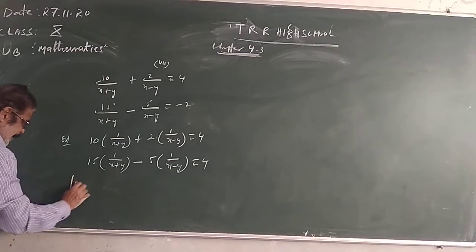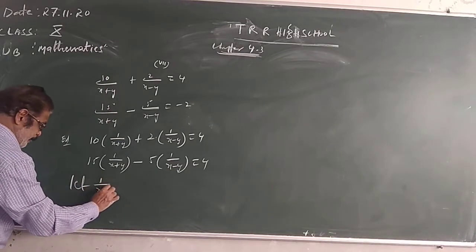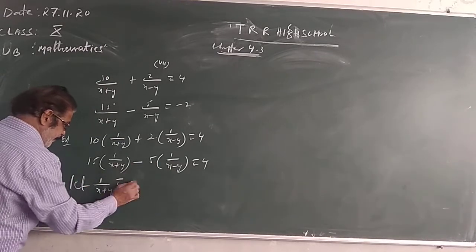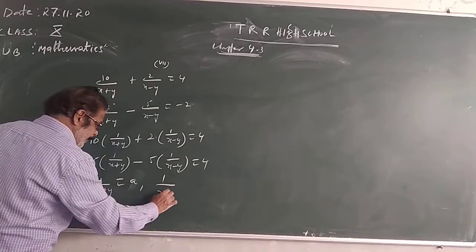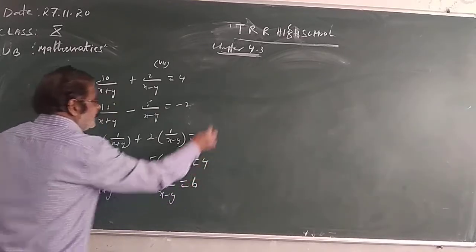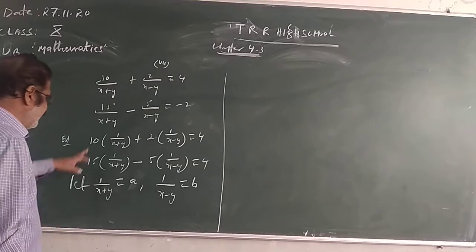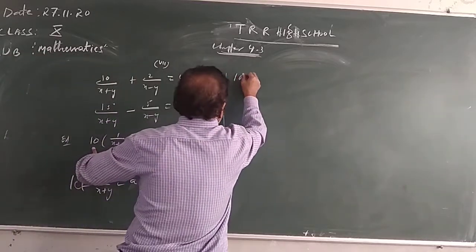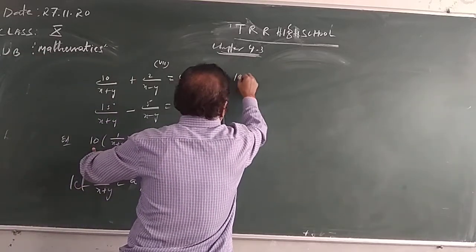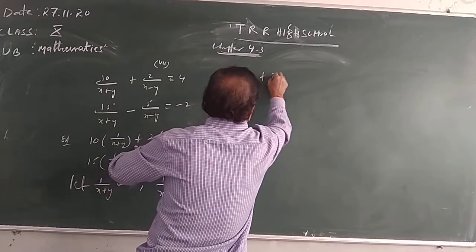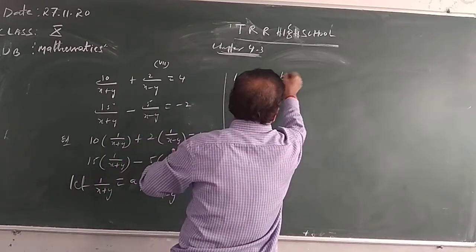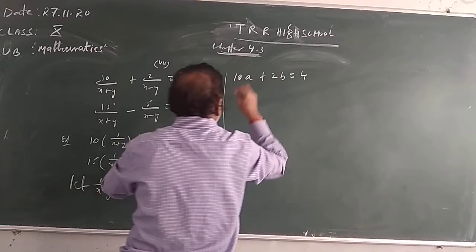Now let 1 by x plus y equal to a, 1 by x minus y equal to b. Substituting this, 10 into 1 by x plus y means a, plus 2 into 1 by x minus y means b, is equal to 4.